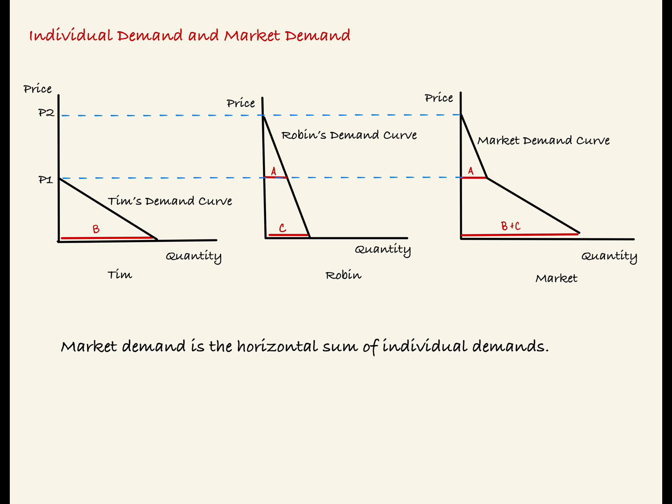At that same price of P1, Robin's quantity demanded is A. So, when we look at the market demand curve, the market quantity demanded for the product or service at price P1 is A, because Tim's quantity demanded is 0, while Robin's quantity demanded is A. The sum of A and 0 is just A, so the market quantity demanded at the price of P1 is A. This is all to say that market demand is the horizontal sum of individual demands.